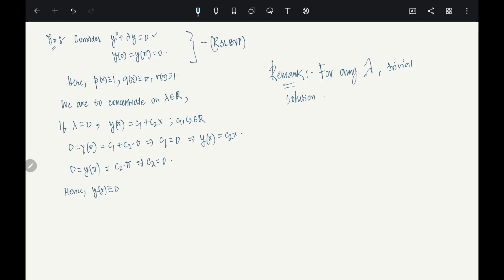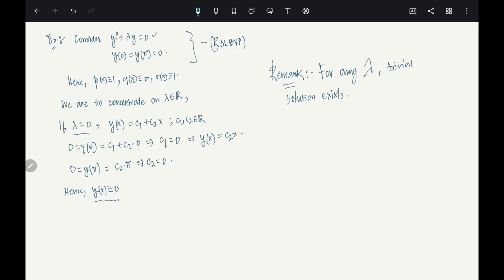Is it okay? Now the thing is, this trivial solution is fine, but what about the other non-trivial solutions? So basically you have to find lambdas for which a non-trivial solution exists. Here you see, if lambda is 0, y of x equals 0 is the only solution.